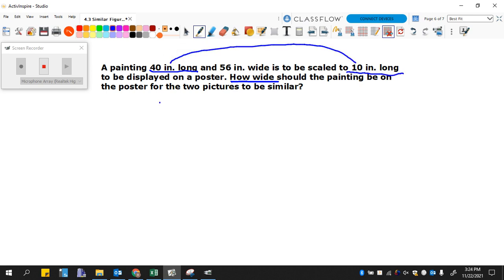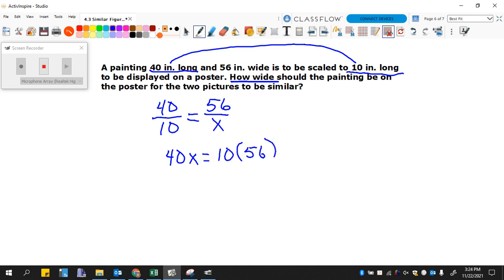We have 40 to 10 is equal to 56 to x. So 40 times x is equal to 10 times 56.